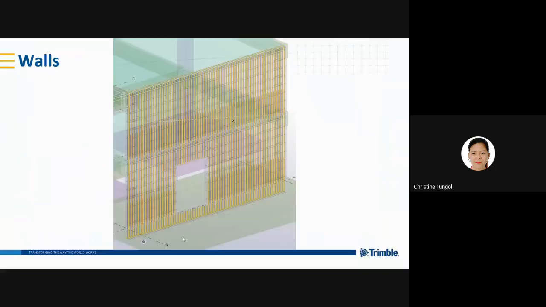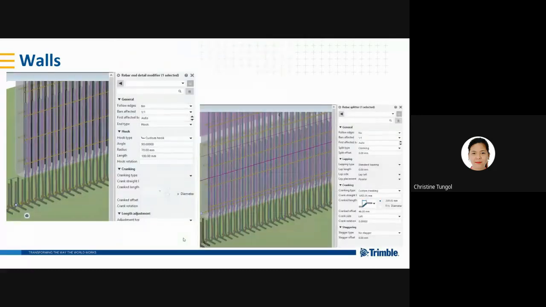And then for walls, the longitudinal rebar of walls, in this example, there is a single rebar set for each layer of longitudinal reinforcement, handling the starter bars, lower and upper panel. The longitudinal rebar of the wall uses rebar splitters and end detail modifiers to model the lumps, cranks, staggers, and hooks.